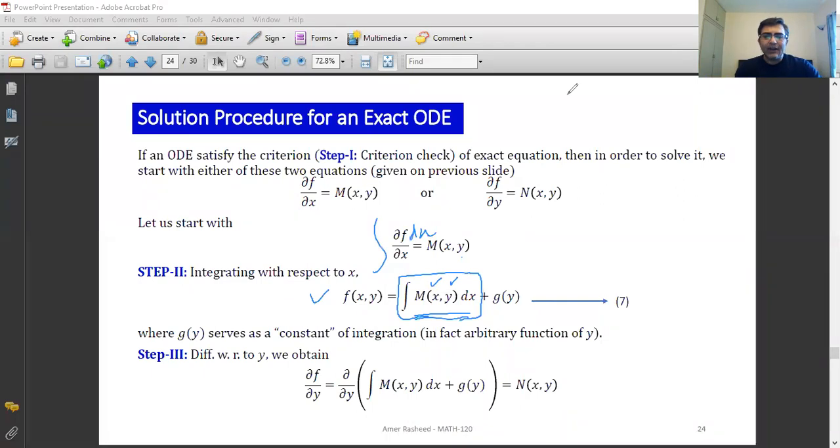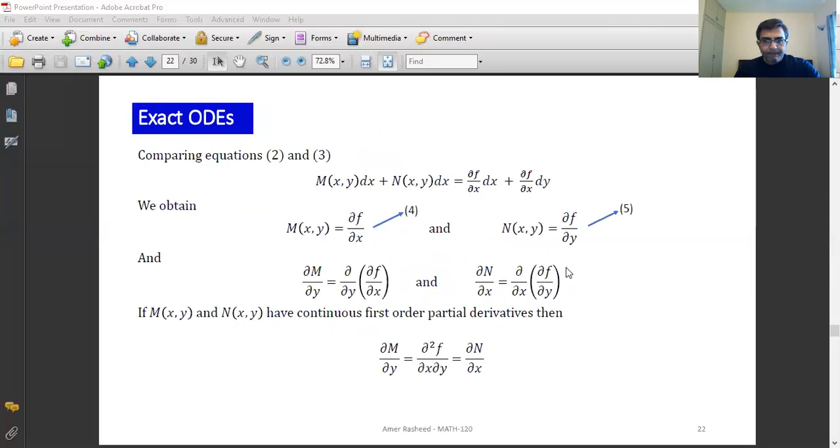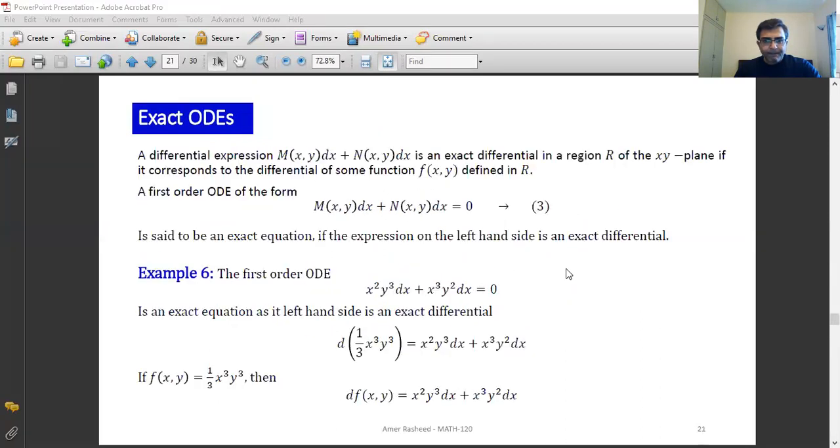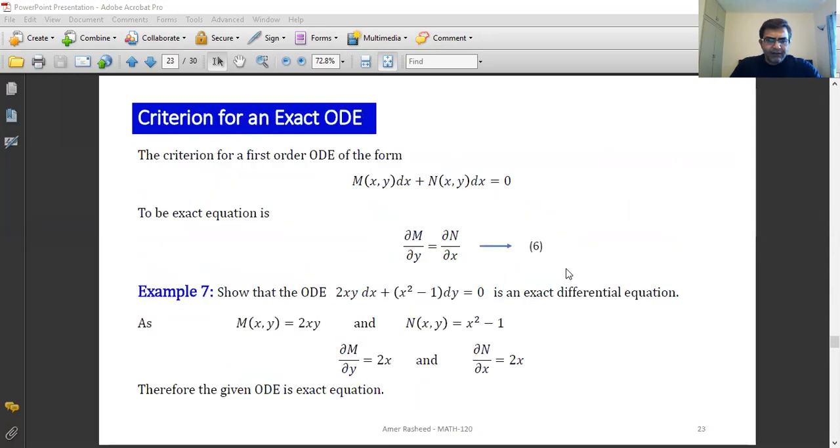While taking the partial derivative with respect to x, as in the previous example, we assume that y is constant.